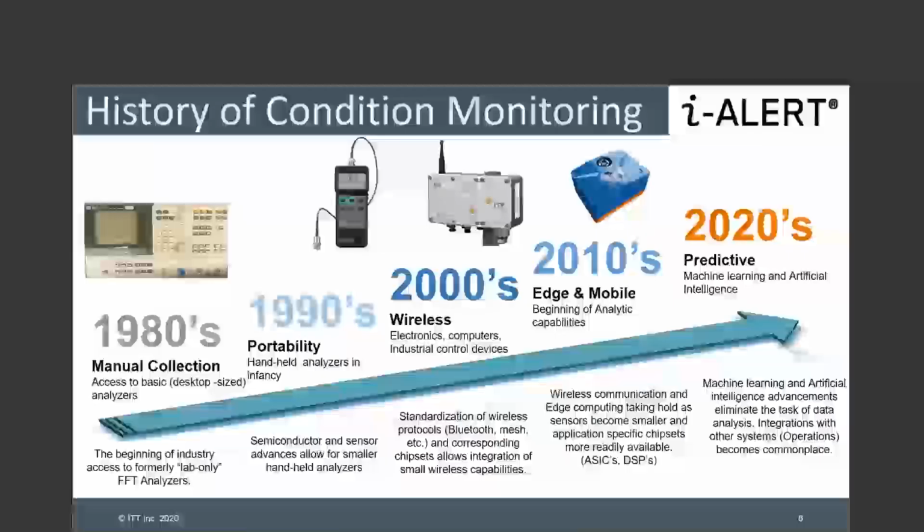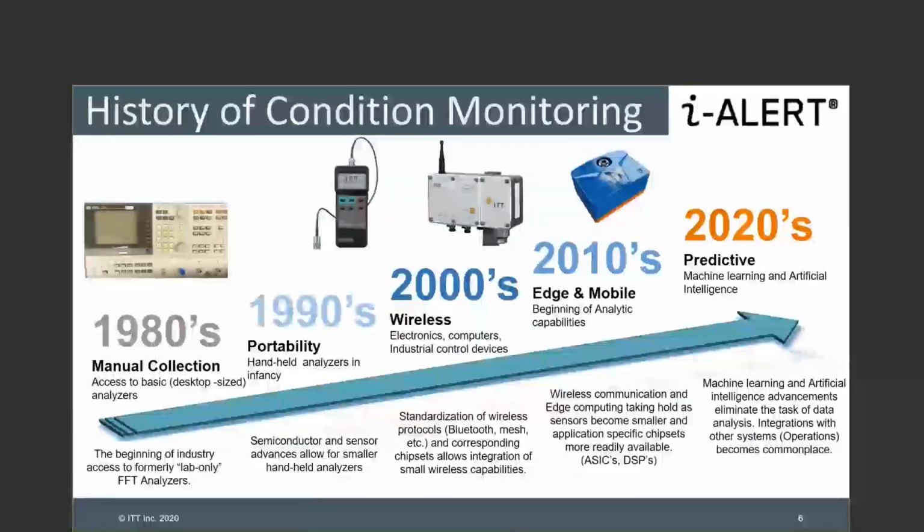Moving on to the 90s, with the advances that we saw in electronics and sensor technologies, we started to see more portable equipment and new data points being measured. This progression continued into the early 2000s with wireless protocols beginning to emerge. At this point, we were getting a lot more data, but it still required a lot of time and expertise to translate that data into information.